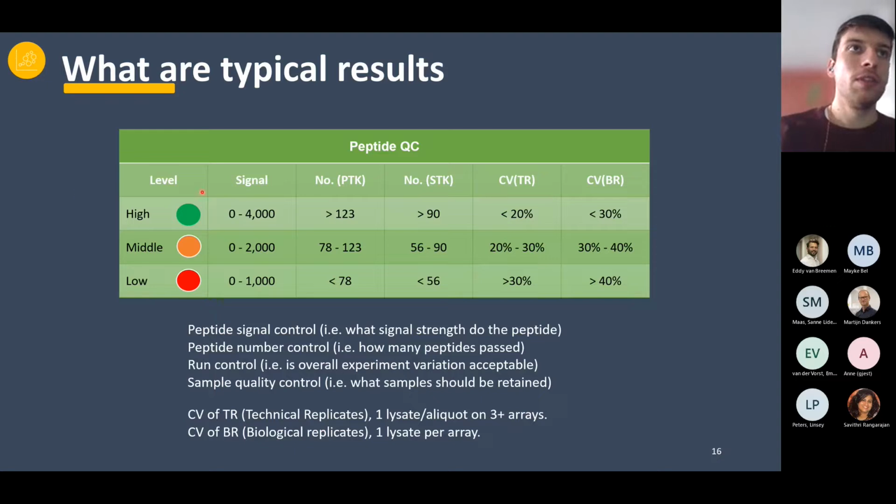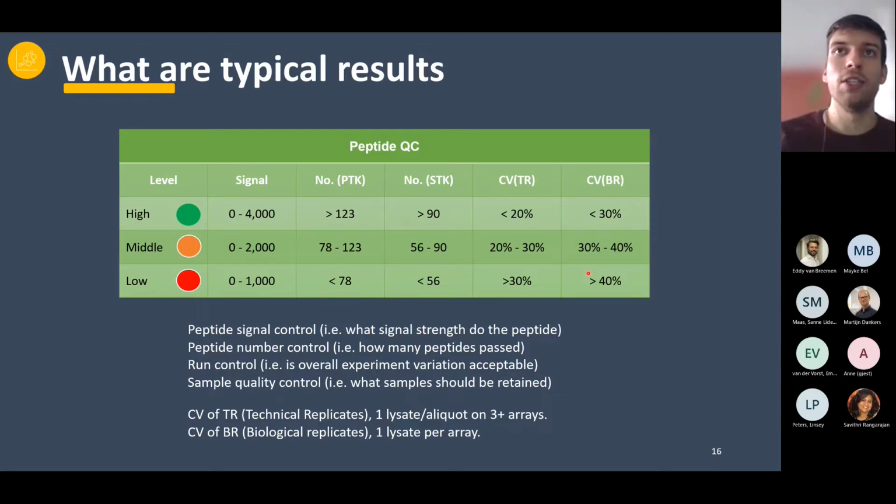If you have high quality data, the signal range will be quite large, from 0 to 4,000 arbitrary units, and the number of peptides passing quality control will be larger than 123 for PTK and larger than 90 for STK. Next to that, the coefficient of variation for the technical replicates will be less than 20%, and for biological replicates less than 30%. And these values can go down.